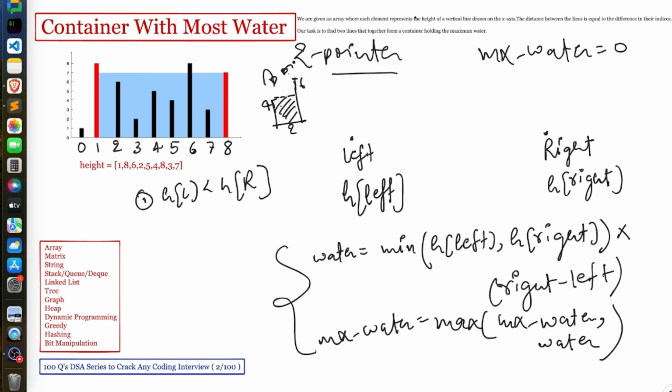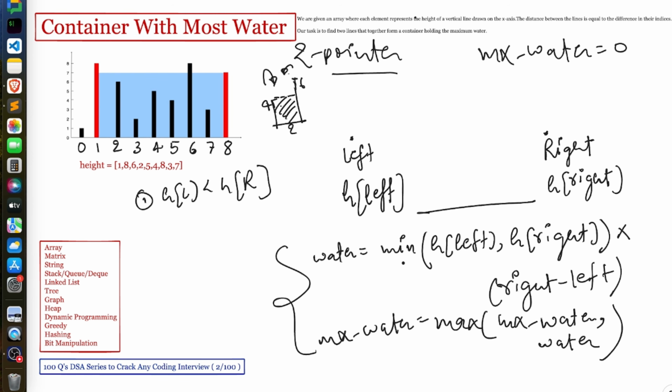To get the water, we should always notice the minimum height among these two. So the distance is constant, decreasing by 1 either way.